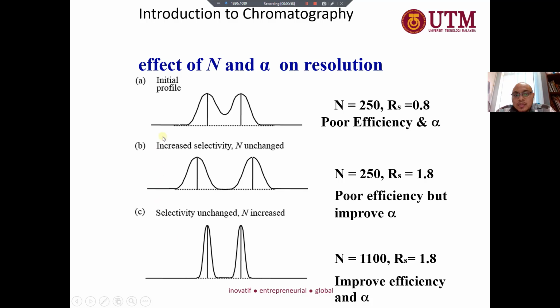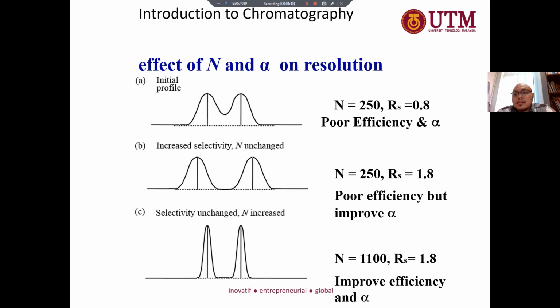Between these three chromatograms, chromatogram A is 0.8, meanwhile B and C are 1.8. An RS value of 1.8 means that the chromatogram will be able to have a total separation. If you have a good RS, it means that you have a good selectivity. Okay, I think that's it about the effect of the efficiency and selectivity on resolution.